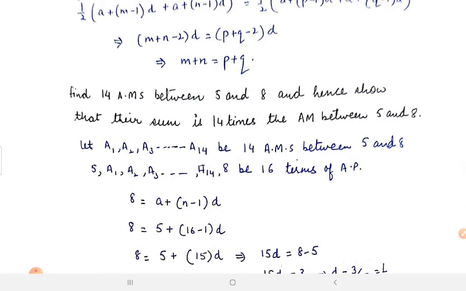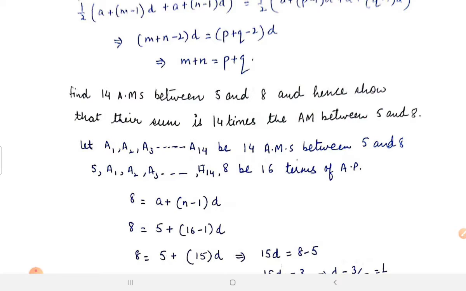Next, find 14 AMs between 5 and 8 and show that their sum is 14 times the arithmetic mean between 5 and 8. So let us first find 14 arithmetic means between 5 and 8.